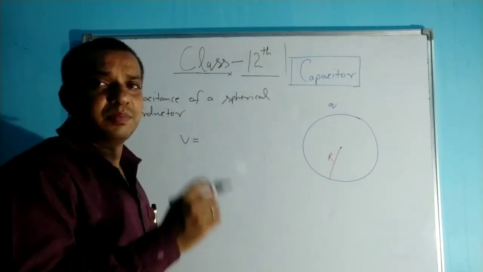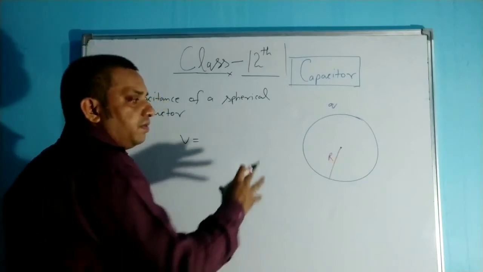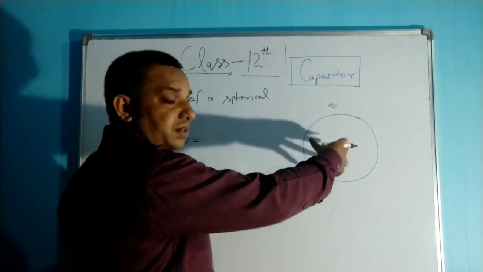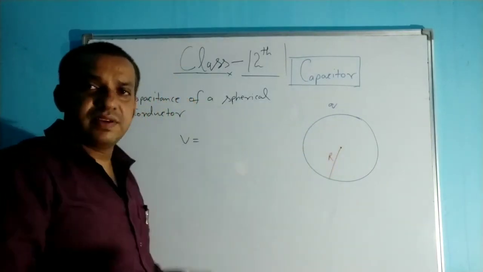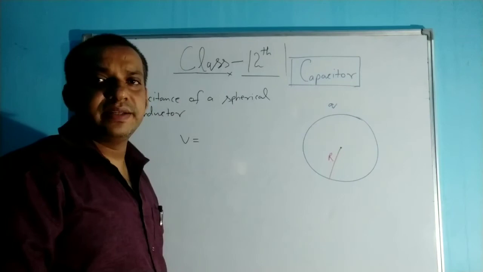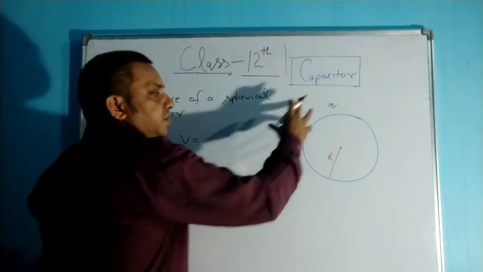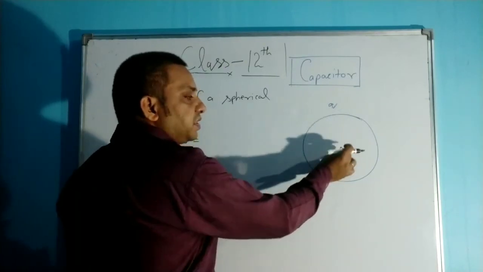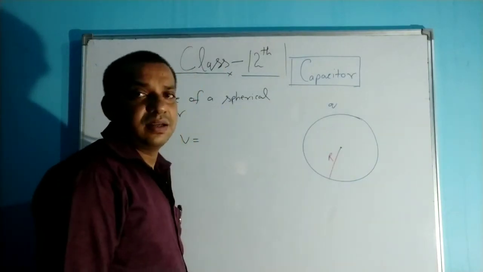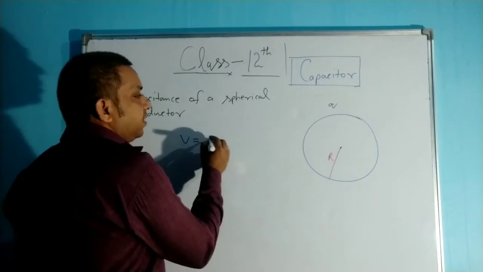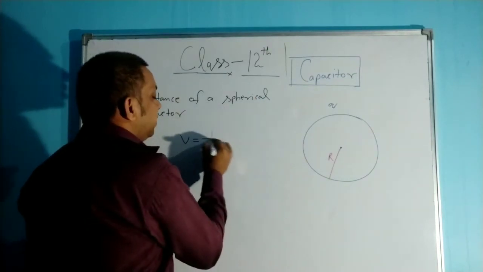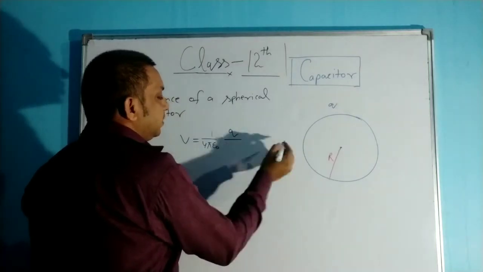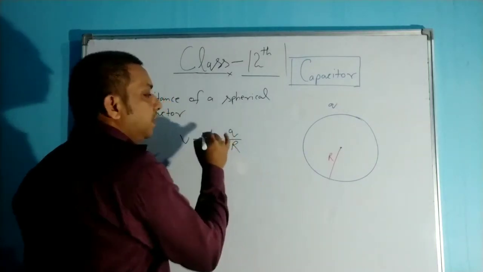In the potential chapter we have already discussed that whenever you give a charge on a spherical conductor, it resides on the surface, and the potential of the surface is similar to the potential of a point charge placed at the center. That means V of this surface is 1 upon 4 pi epsilon naught Q by the radius r.